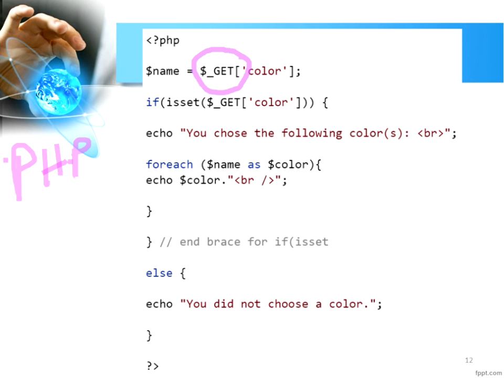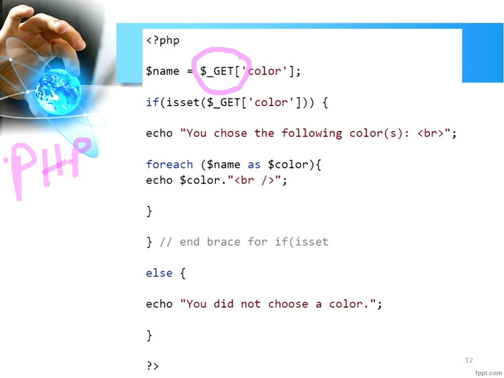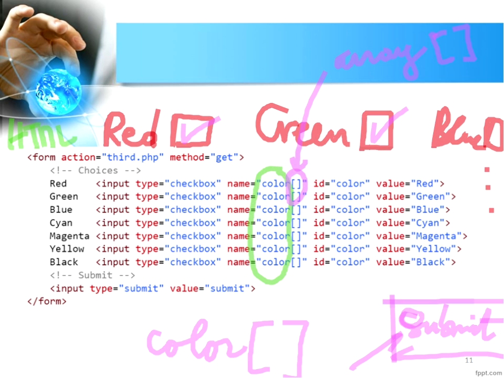I repeat my question. In the previous example, we used $_POST. But in this example, we use $_GET. Why? Because in our form we have get as the method.